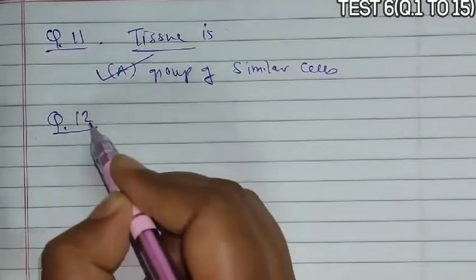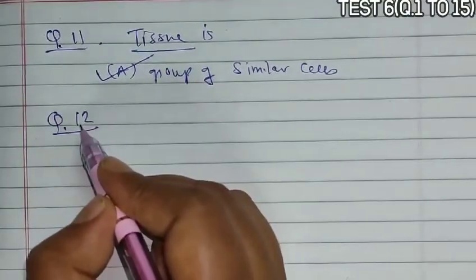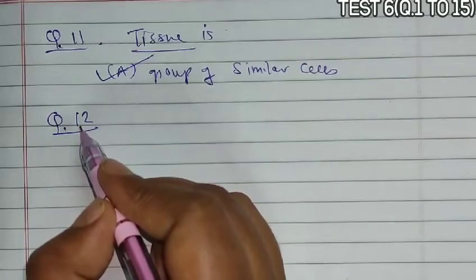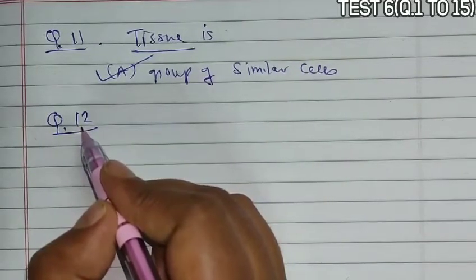Next become question 12. Question 12 asks that in male cockroach, sperms are stored in which part of reproductive system?